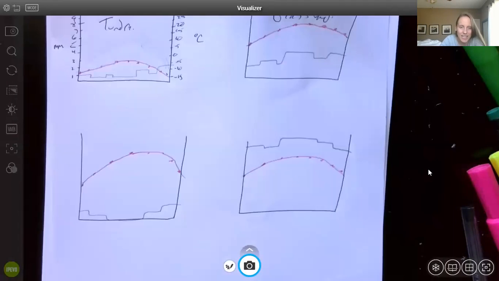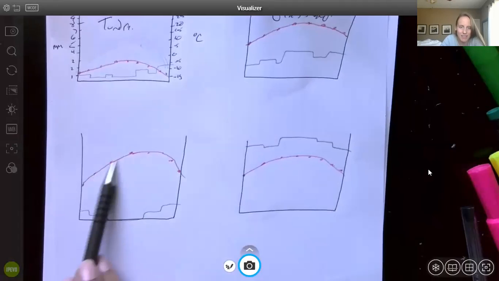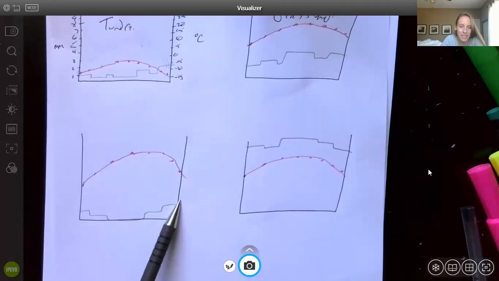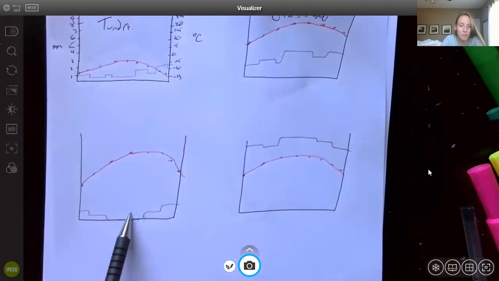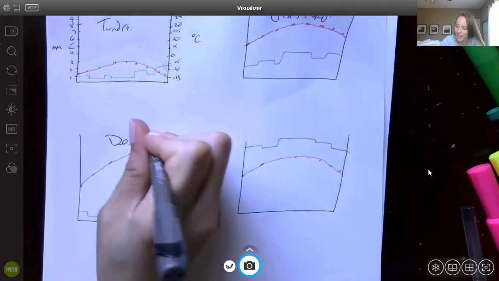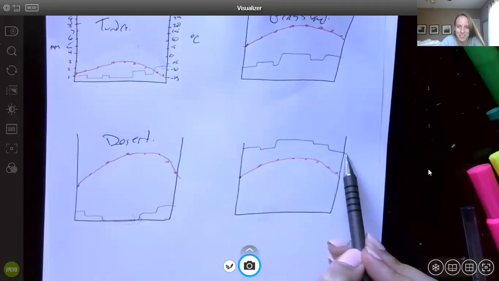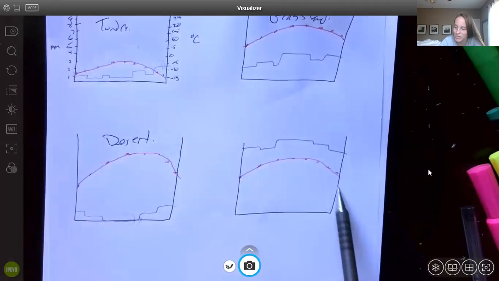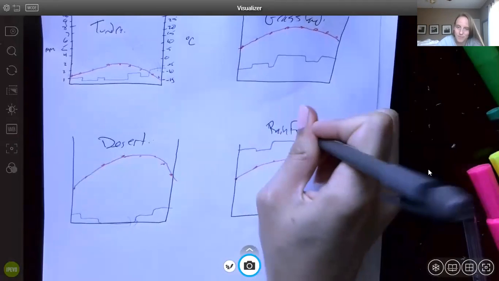A desert can be identified by much higher temperatures than the tundra, but equally low precipitation. And you might see some months, especially in the summer, with no precipitation at all. That would be a desert. And then if you have really high precipitation, like what's shown here, and also fairly high or moderate temperatures, that is going to be a rainforest.